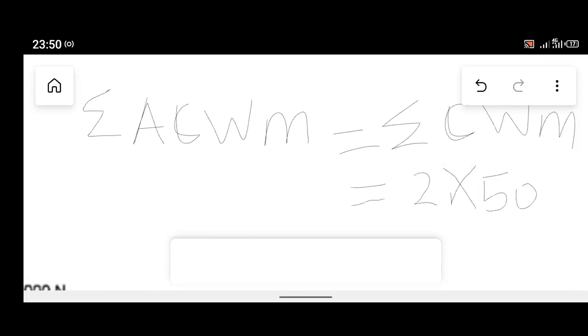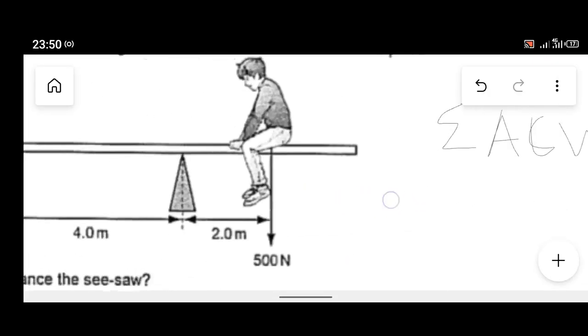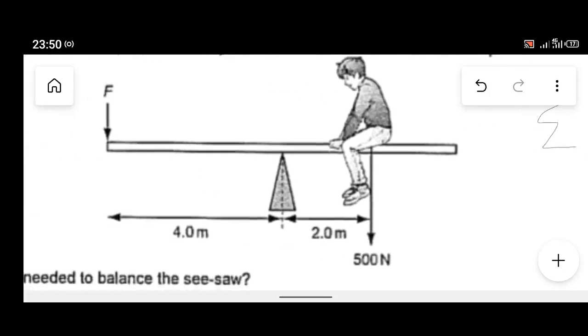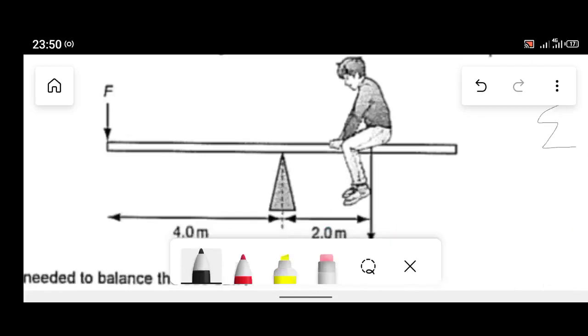Let me just get my pen. 500 newtons. But on the other side of the seesaw there, let's look at the anti-clockwise side. We have applied force here.